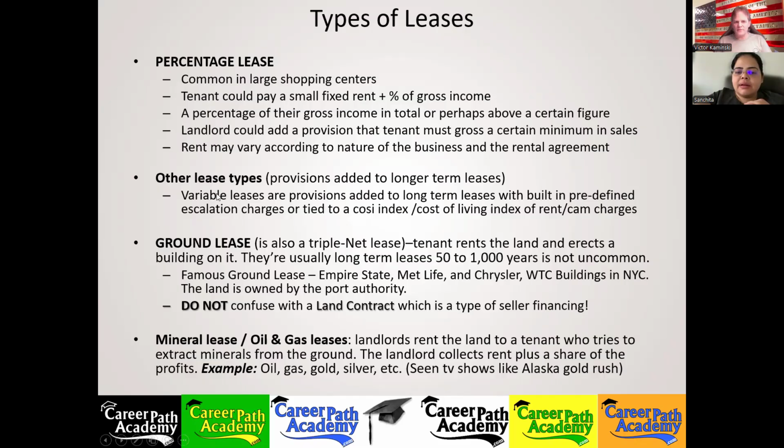Well, no, in a percentage lease, the second line says the tenant could pay a small fixed rent. So in that case, if the shop is not earning profit, then both parties will be at a loss. Well, what's the point? The landlord doesn't get any additional money beyond that small fixed rent.